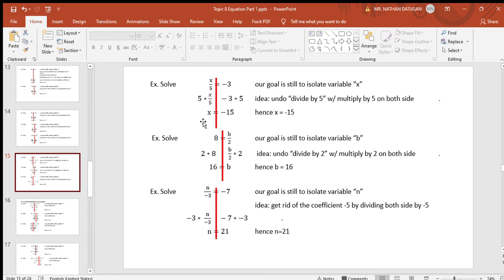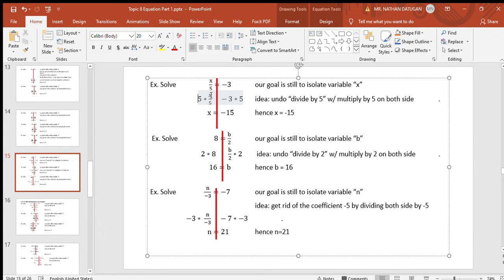Now let's try some division. Let's undo some division. We have x over 5 is equal to negative 3. Now we want to get rid of that 5. So what do we do? We multiply both sides by 5. We'll start with the right side first.